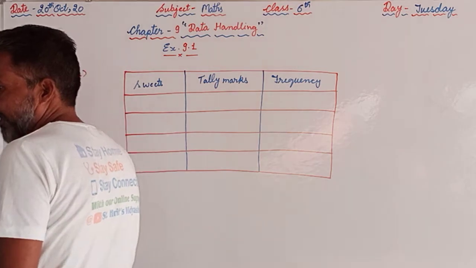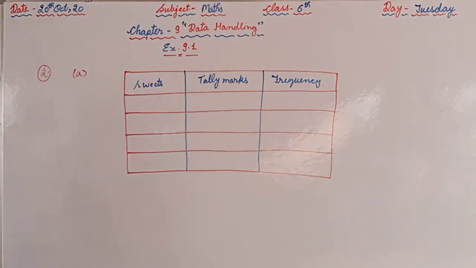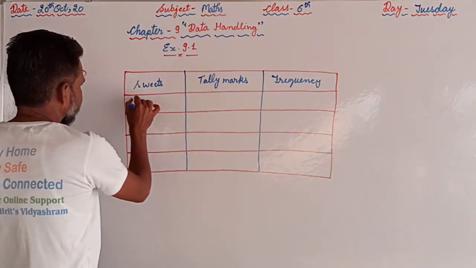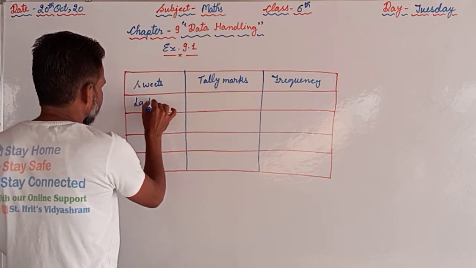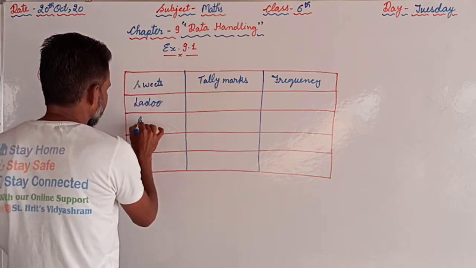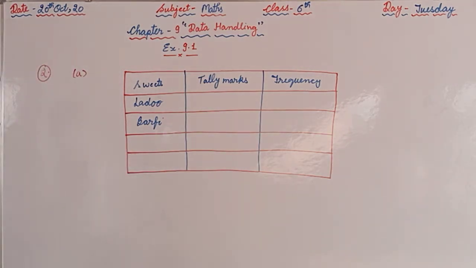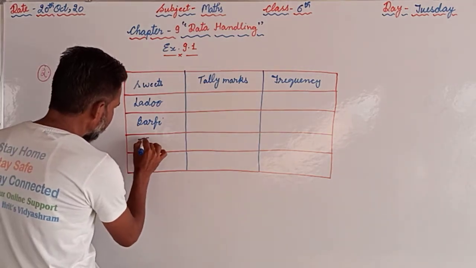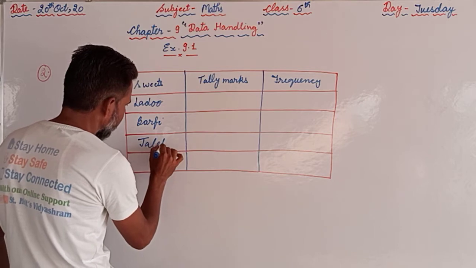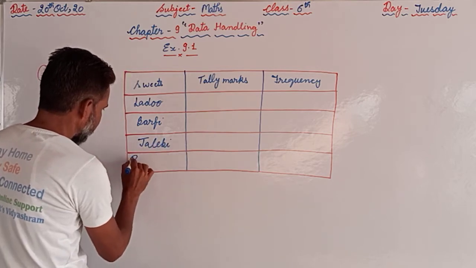First of all we will write the name of the sweets, that is laddu, barfi, jalebi and rasgulla.